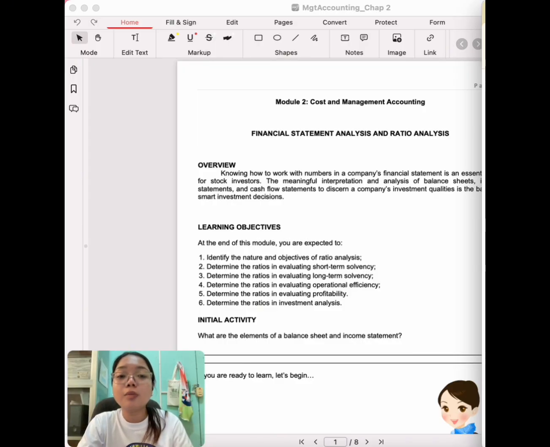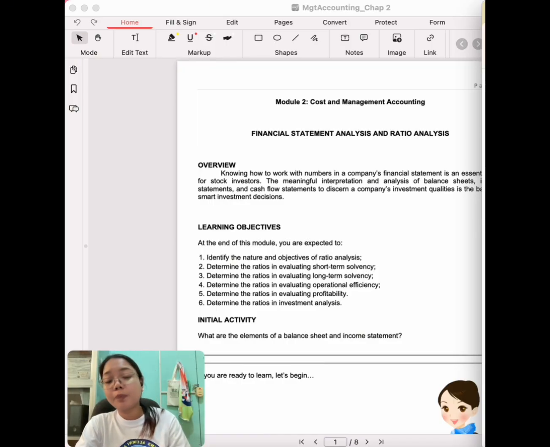Third, determine ratios used to evaluate long-term solvency. Fourth, determine ratios used to evaluate operational efficiency. Fifth, determine ratios used to evaluate profitability. And finally, determine ratios used in investment analysis.